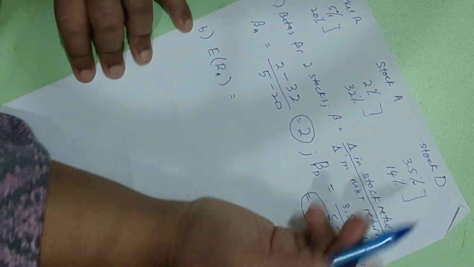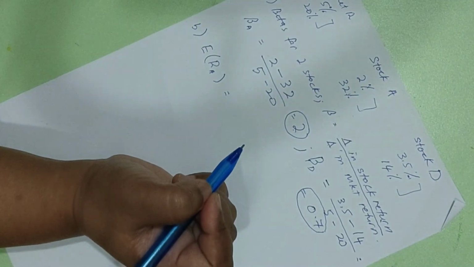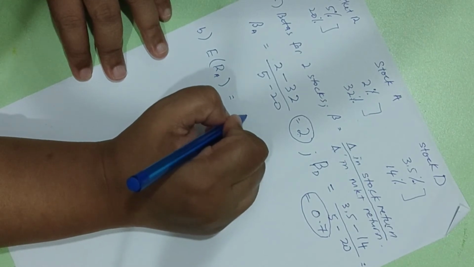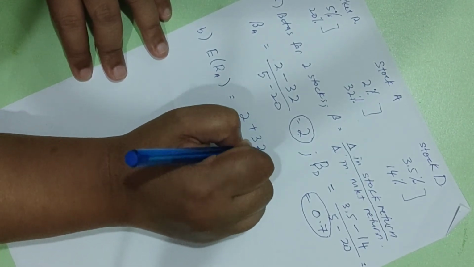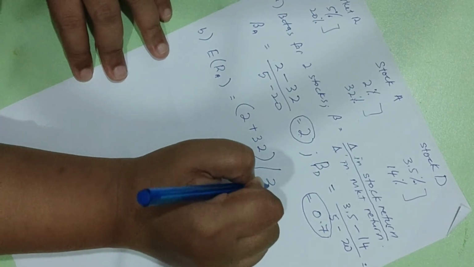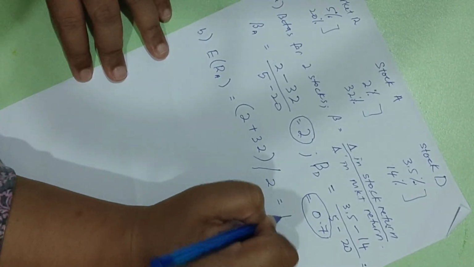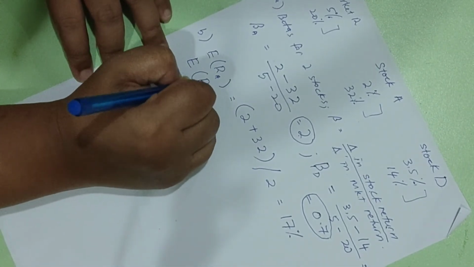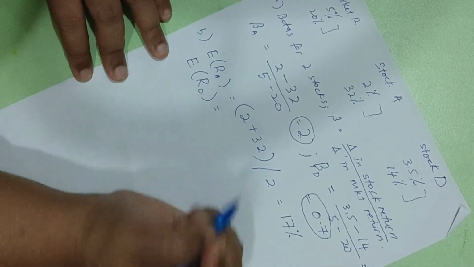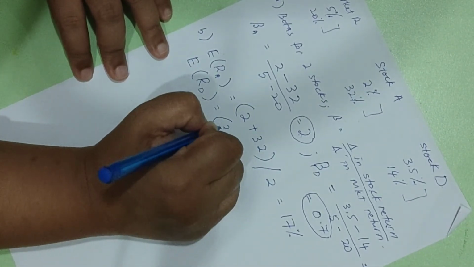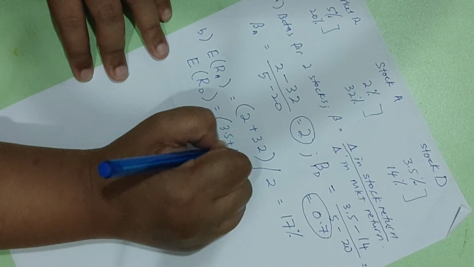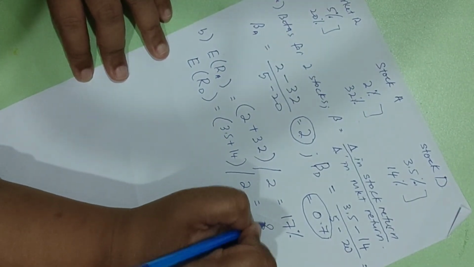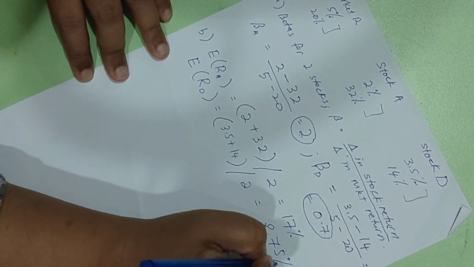However, as the question indicates that it is equally likely, you just have to take the average. So 2 plus 32 divided by 2, you will get 17% for A, and for the expected return for the defensive stock, it's 3.5 plus 14 divided by 2, you should get 8.75%.